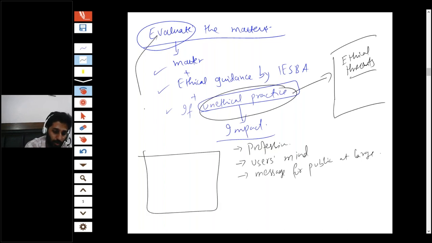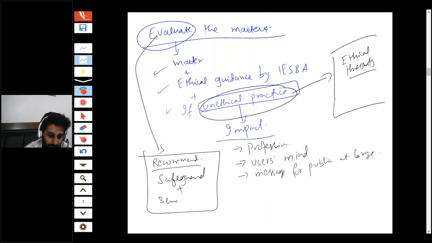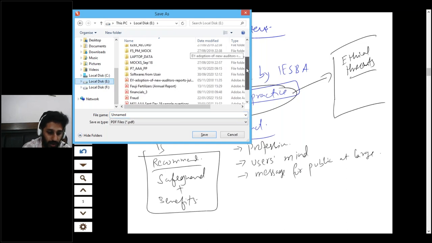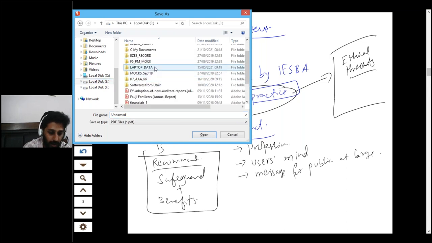Plus, when you are supposed to evaluate, then you should give the recommendation, which is the safeguard, and also explain its benefits. You should write these things for your answer.